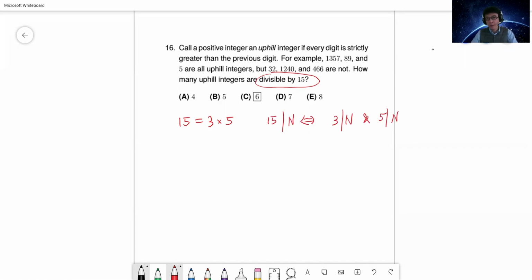Now, N is divisible by 5. There are only two cases for the unit digit: it's equal to either 0 or 5. In this problem, we consider positive integers, and the digits are increasing. That means the unit digit is the largest digit.